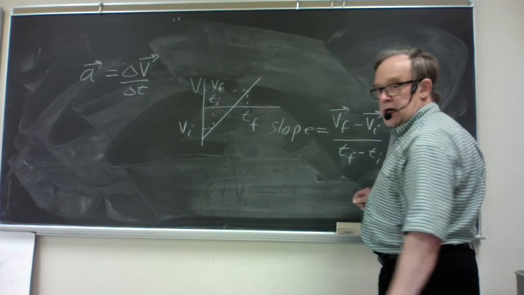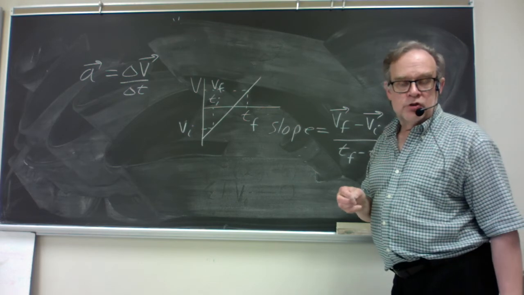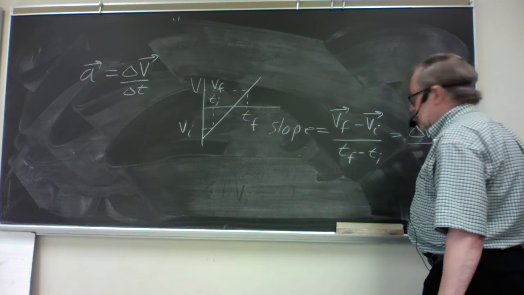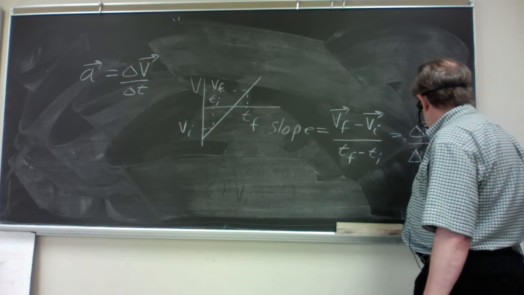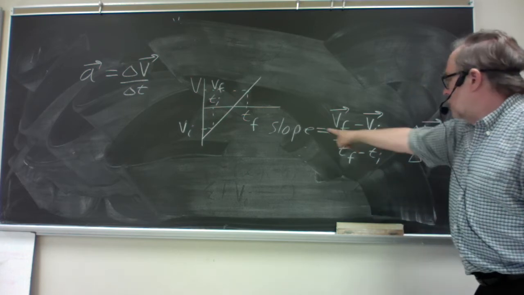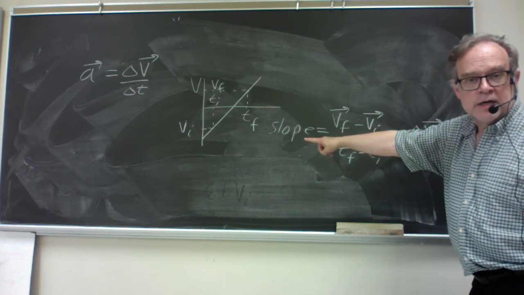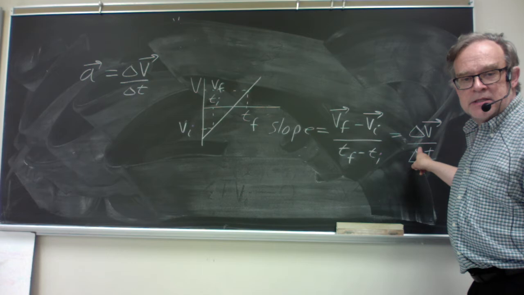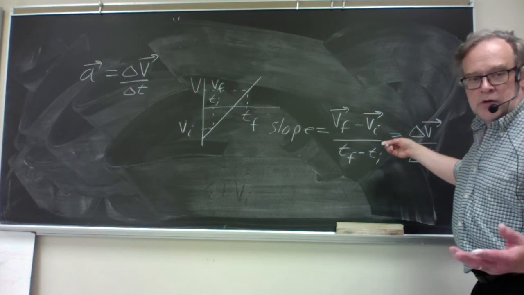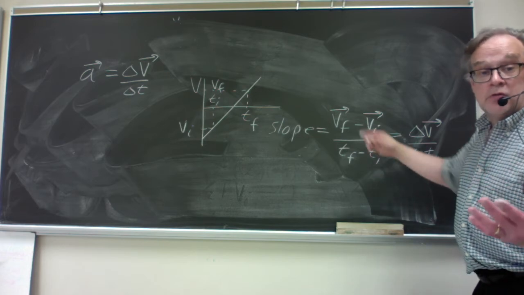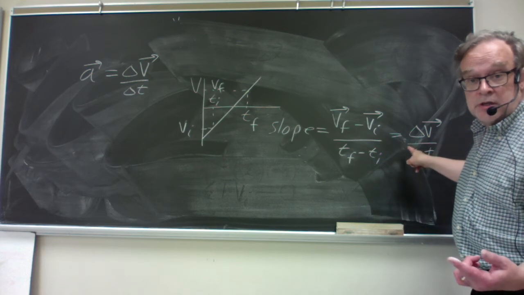Final minus initial velocity is just another name for change in velocity, and final minus initial time is just another name for change in time. So that is the slope on a velocity versus time graph, but that is our definition for acceleration. So in other words, on a graph of velocity versus time, slope is acceleration.